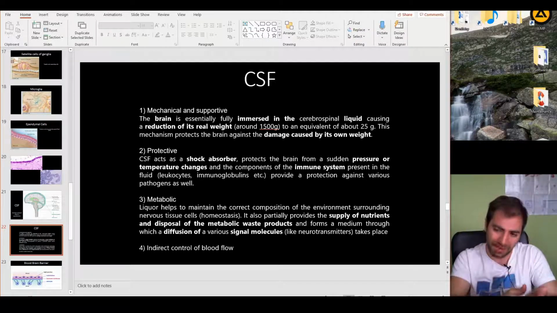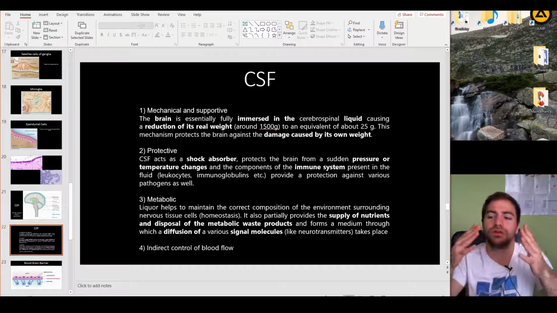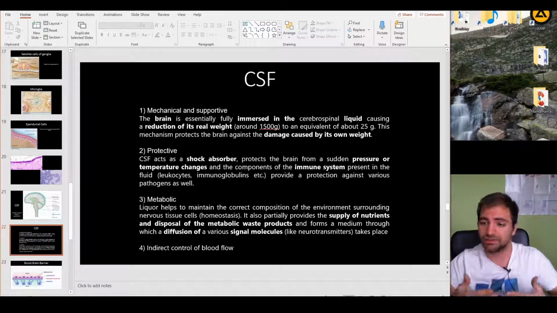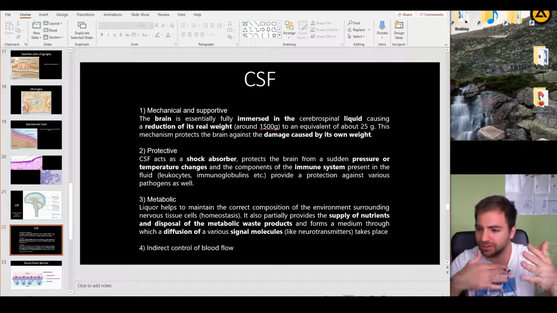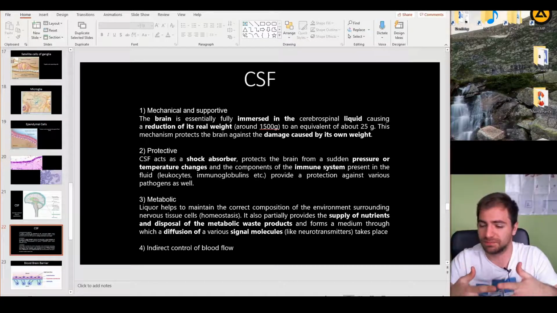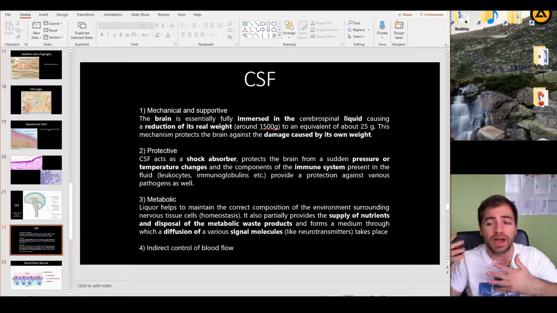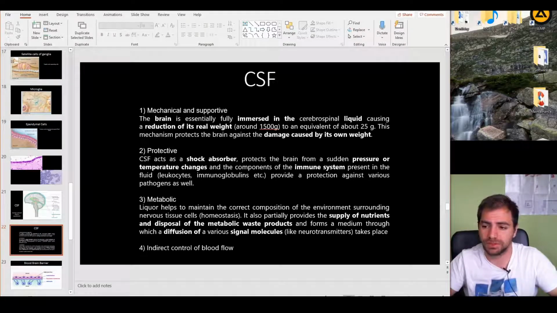The amount of CSF is correlated to the intracranial pressure, so it is an indirect regulatory point of it. Whenever we have high intracranial pressure, the CSF tends to be lower. This is just a simple compensatory mechanism between the CSF and the intracranial pressure.